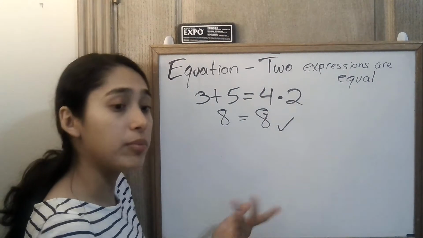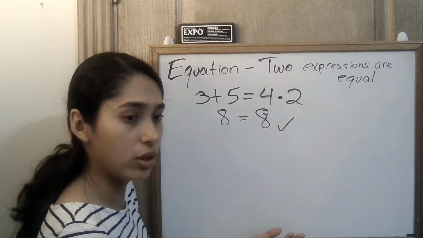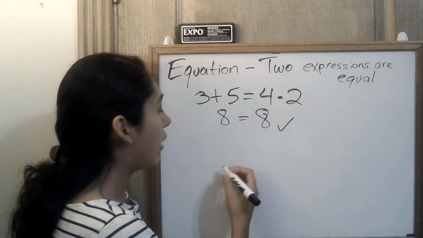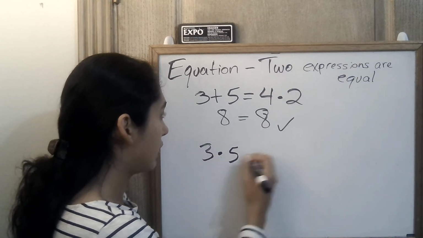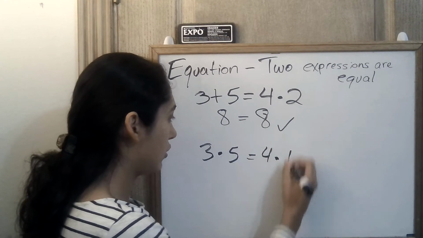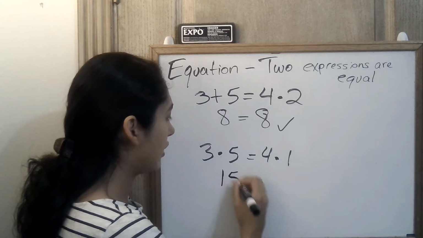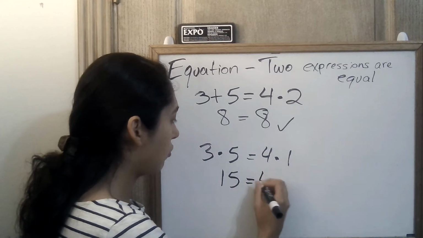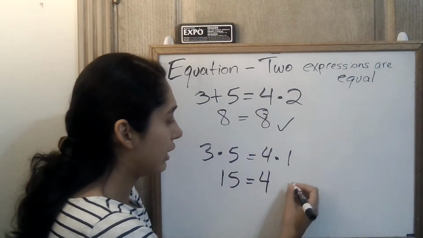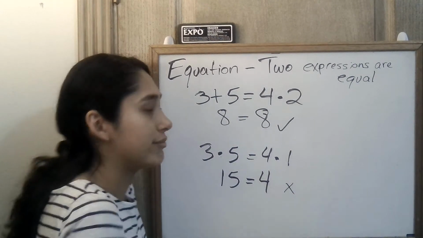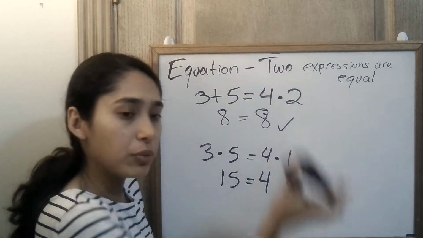However, some equations might ask, is the equation true, yes or no? So this would be 15, this would be 4, this is not true. You can put the x right here, but we're dealing a lot with x's in math, which could be a variable or multiplication.